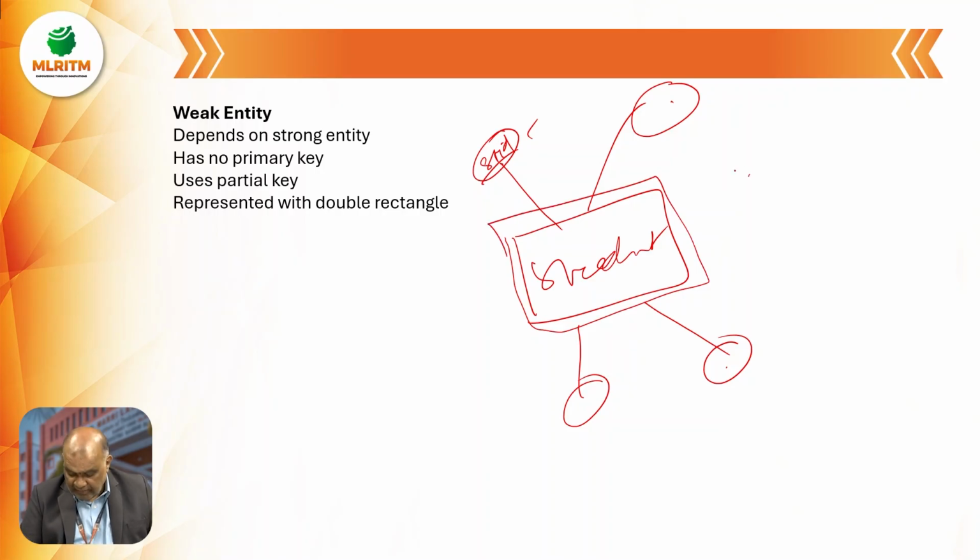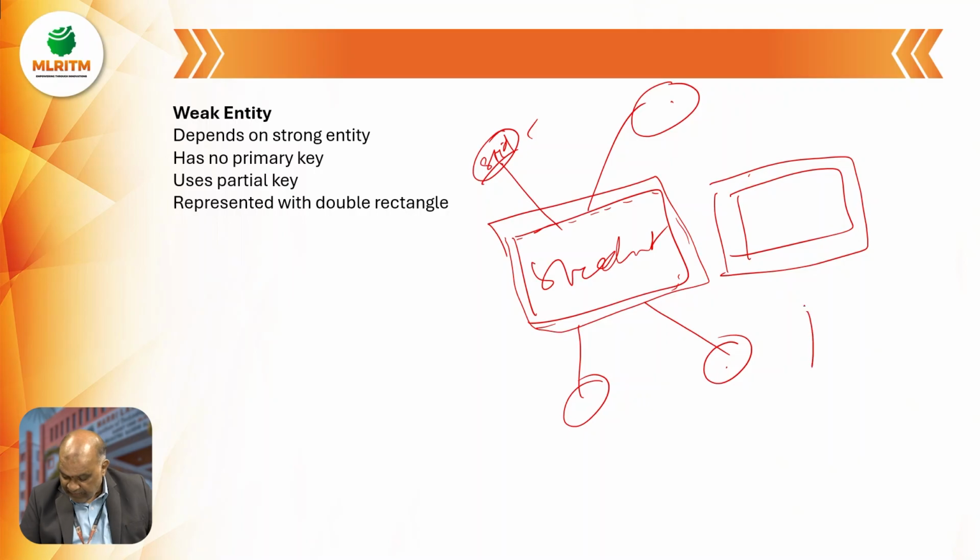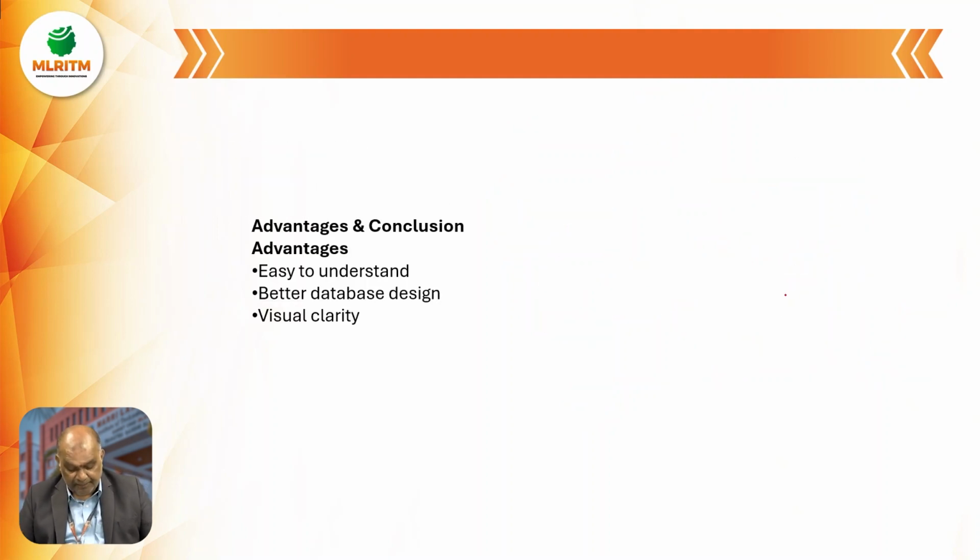Strong entity, weak entity is represented with double rectangle in dotted lines. Okay? This is the dotted lines. Strong entity is represented in double lines with the thick lines. Weak entity is represented in this way. One more rectangle. This is a way of representing the weak entity.